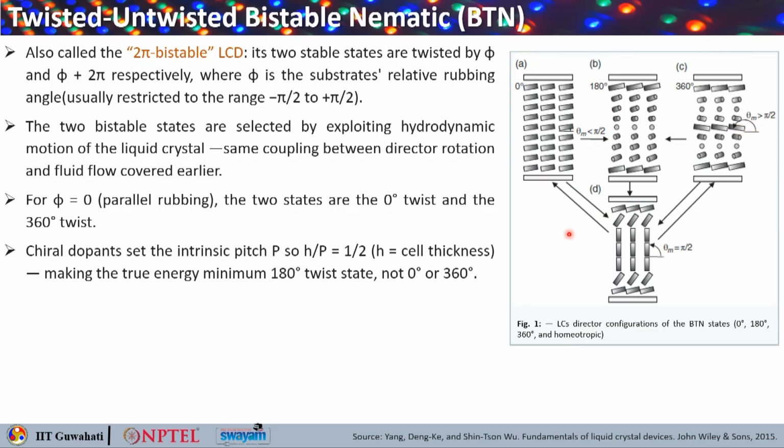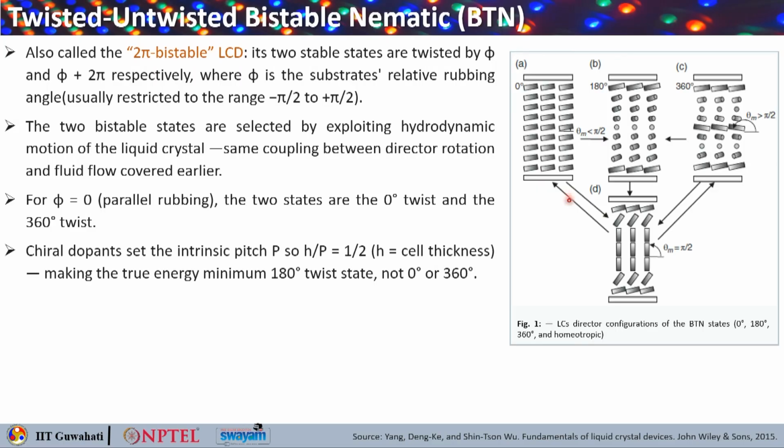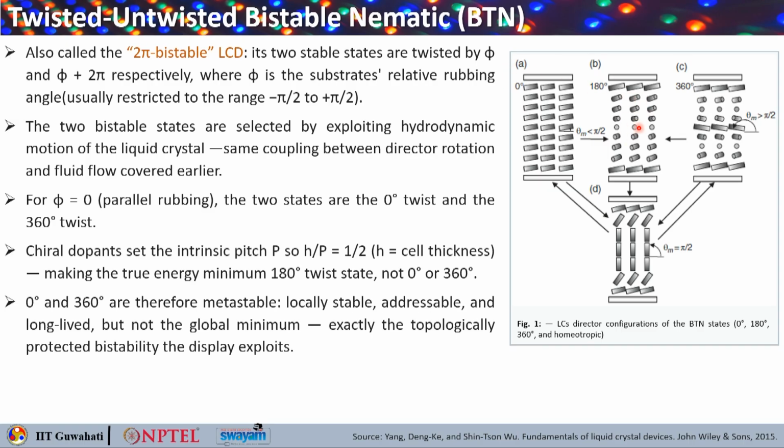Now if you consider chiral dopants, they set the intrinsic pitch P, and with h by P, where h is the cell thickness, being half, that will make the true energy minimum the 180 degree twist state, which is here, not the 0 or 360 degree state.